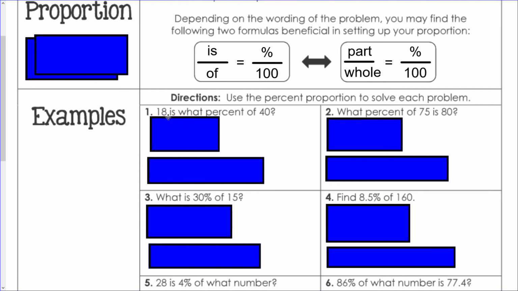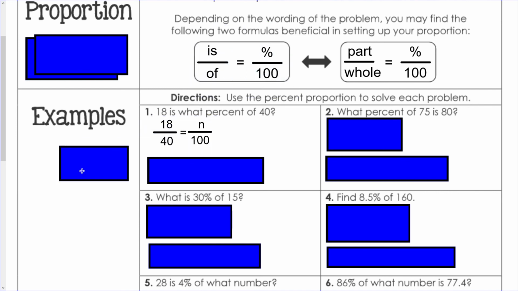Okay, so all you're doing with these kind of proportions when you're setting them up is trying to match the phrasing in the question with the proportion as set up here in the box. So 18 is our is number because it's right beside is. 18 is what percent of 40? So the of right here is 40. So that's the is and the of right there.